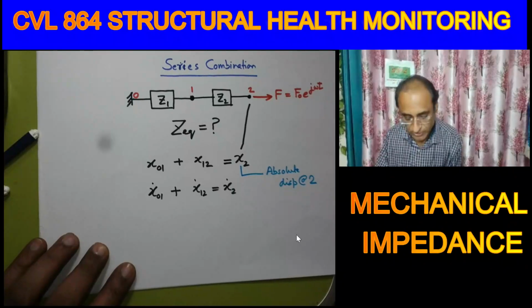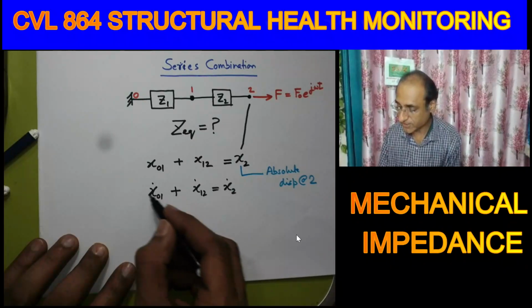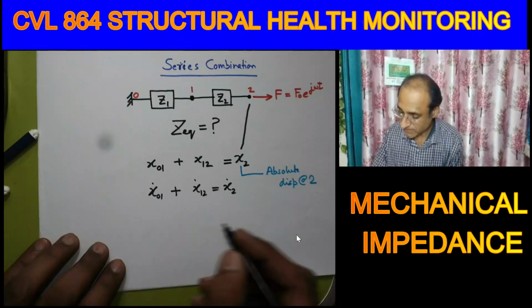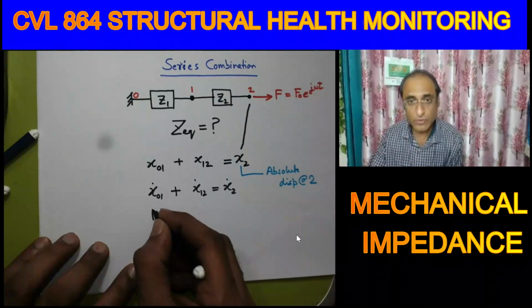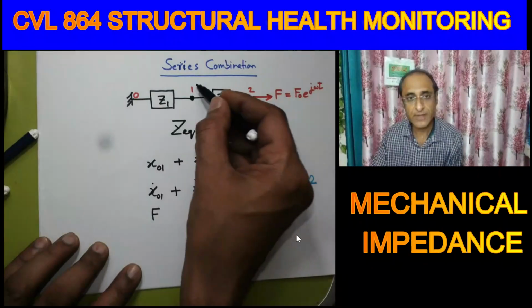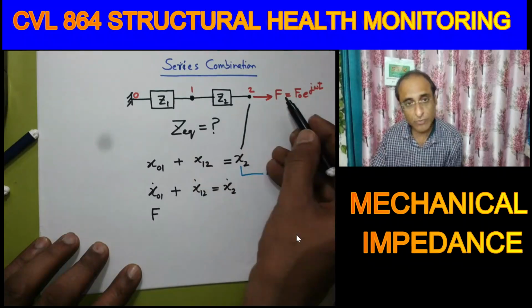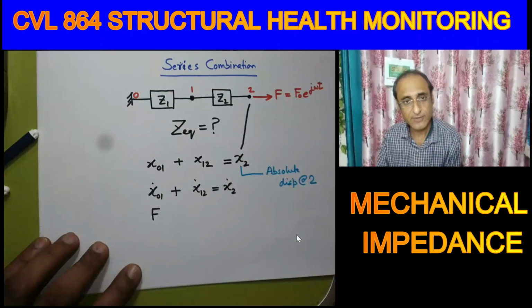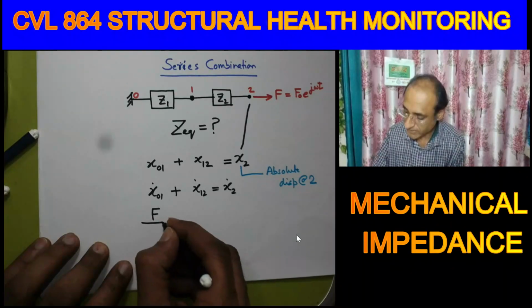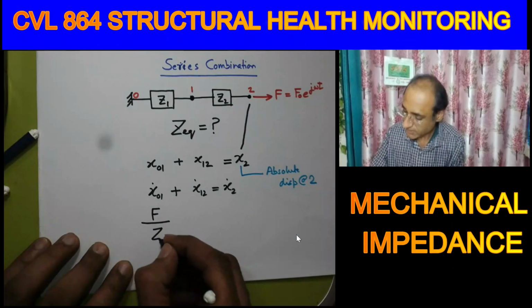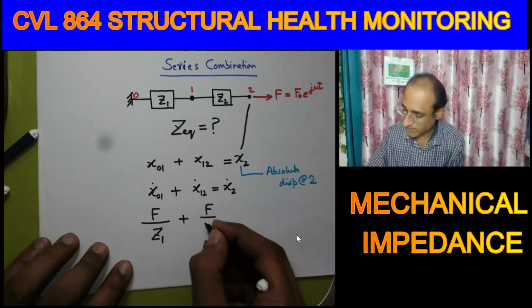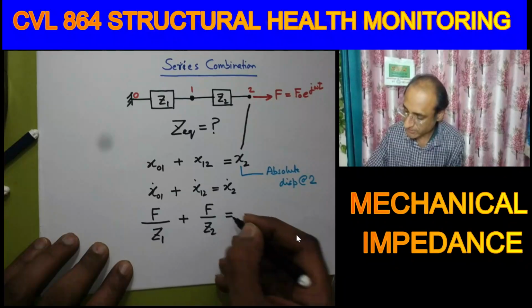But now we use the definition of the mechanical impedance. Because same force, you cut the section anywhere, same force will be acting on both the impedances. Alright, so this we can write as force divided by Z1 and this can be written as force divided by Z2 and this can be written as force divided by Z equivalent.